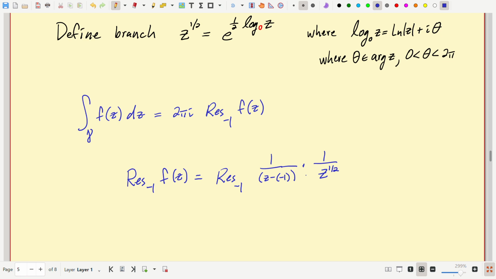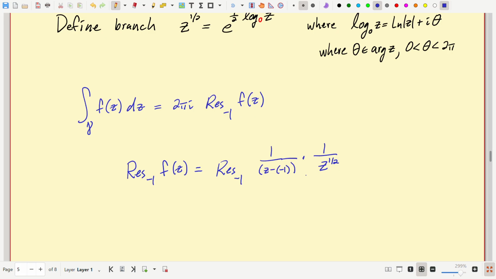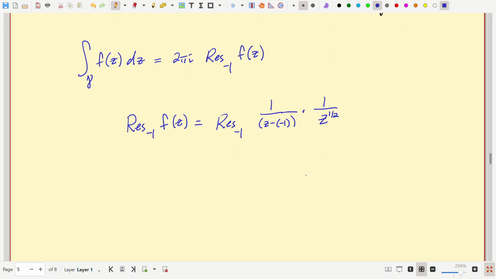That's my f over g thing. That's a simple 0 on the bottom, and my f is 1 over z to the 1/2, which is a perfectly nice function near minus 1. So you could use that, or you could just expand 1 over z to the 1/2 in a power series and get the a naught term is the residue.